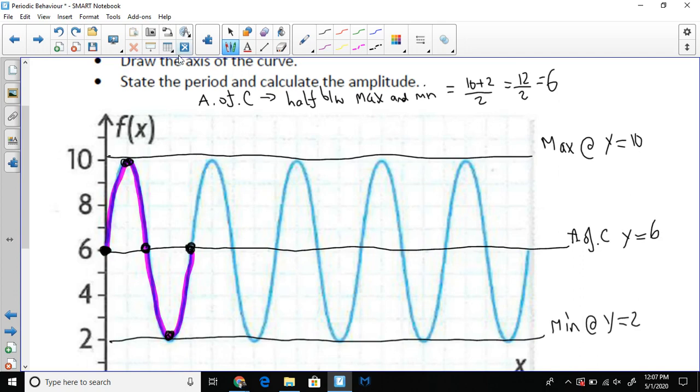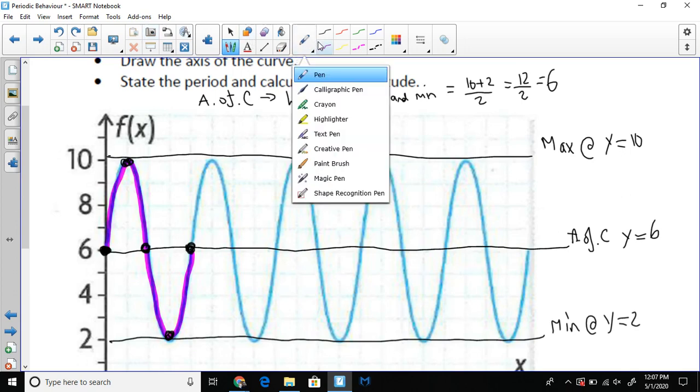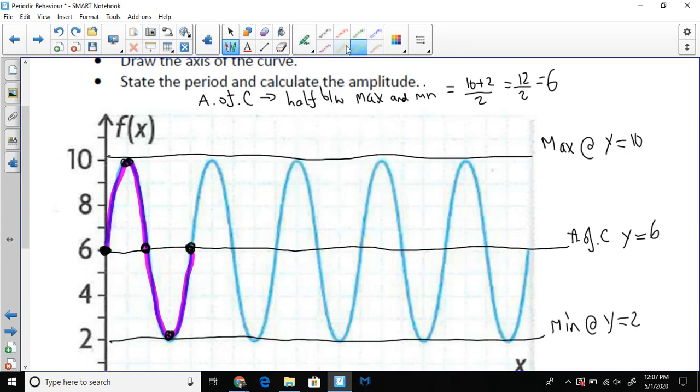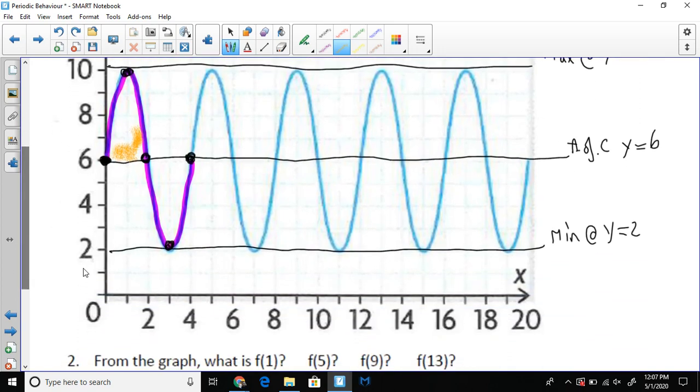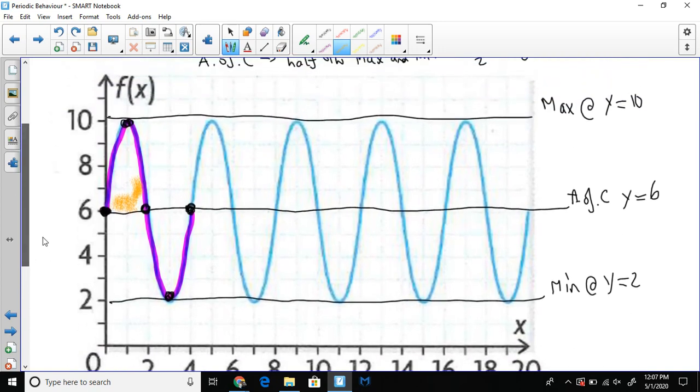Now, what is the amplitude? Remember, when I colored it in, I said my axis of the curve isn't always at the x-axis. The last graph we looked at, my axis of the curve was down here. Now, obviously, this graph has been shifted up.